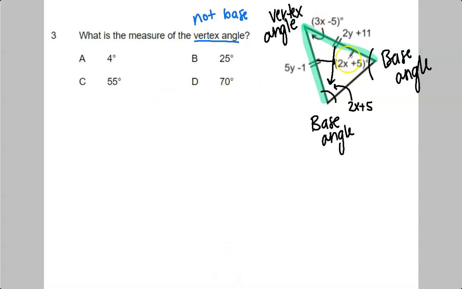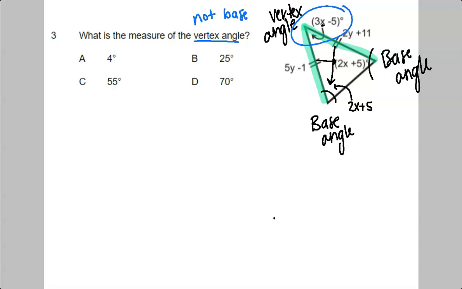So it asked us to solve for the vertex angle, which meant we would need to figure out what x is equal to. Now, a little bit of a distractor here, we did have these measurements for the side. We had 5y minus 1 and 2y plus 10. But if I solve for y, is that going to help me with the vertex angle? No, because the vertex angle needs an x, not a y.